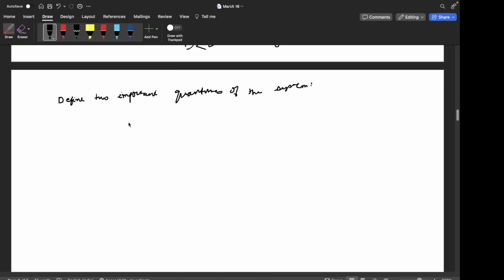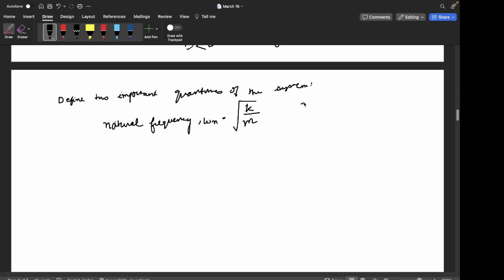These two quantities are the most crucial ones. One is the natural frequency, denoted as omega n, and this is square root of k by m.